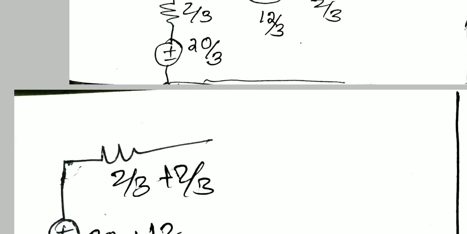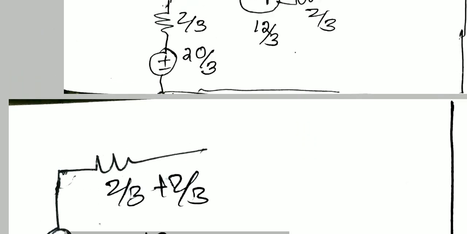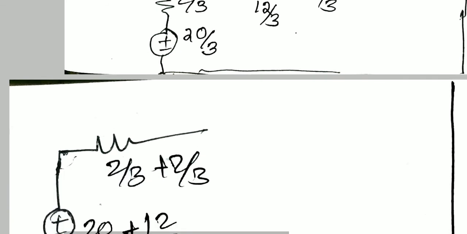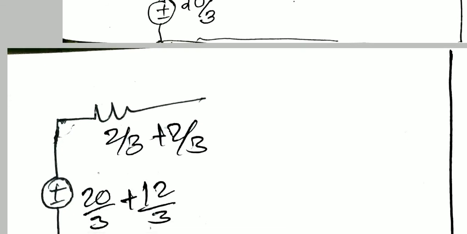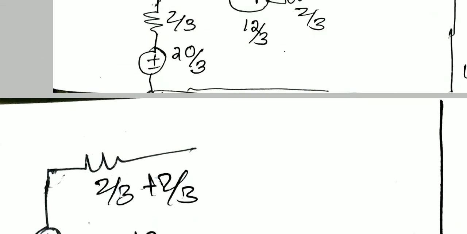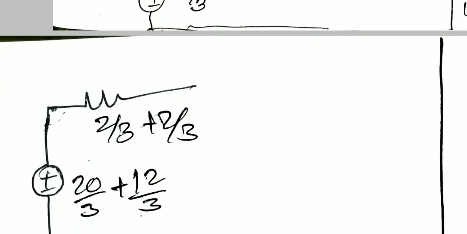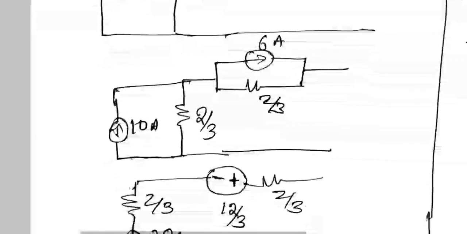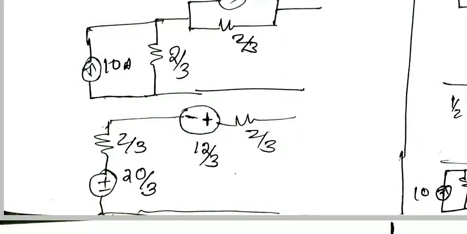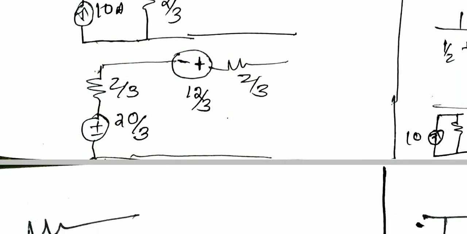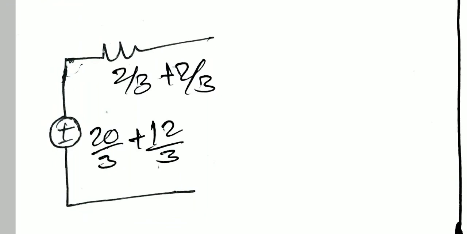The resistance is 2 by 3 plus 2 by 3, and the voltage sources are also in series. How to know they are in series and how to add them? If I travel from one end, I get minus plus, then after going to this one I get minus plus, so both are in series. We can add them, 20 by 3 plus 20 by 3, because they are in series, and the polarity of both is the same.